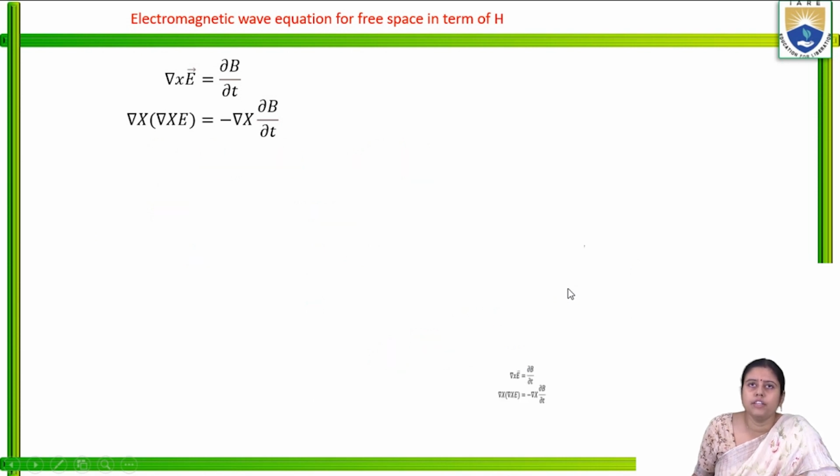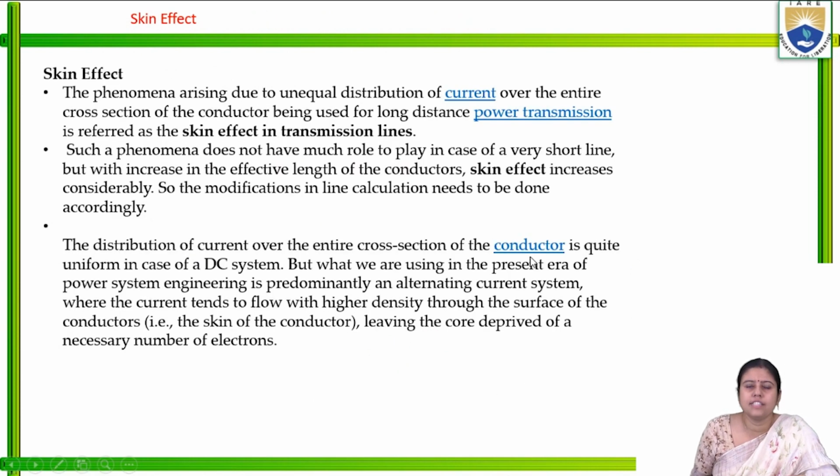So we will discuss the skin effect. What is the skin effect? The phenomenon arising due to the unequal distribution of current over the entire cross section of the conductor used for long distance power transmission lines is referred to as the skin effect. We know the general tendency of the electric flux is to stay on the outer side, and inside the number of charges is 0.